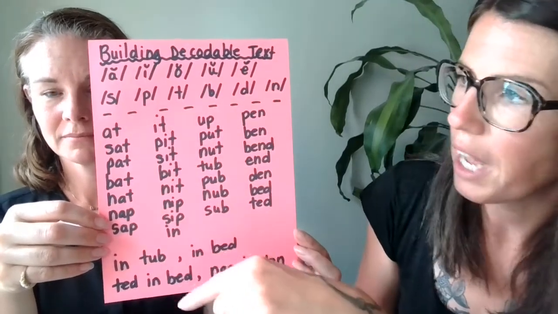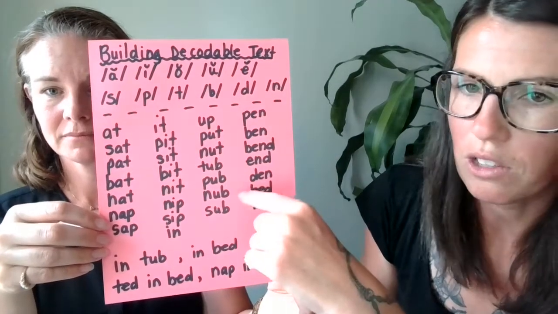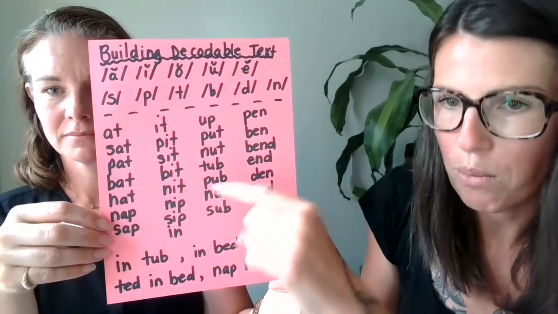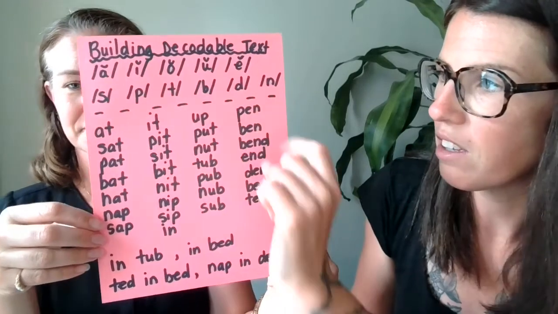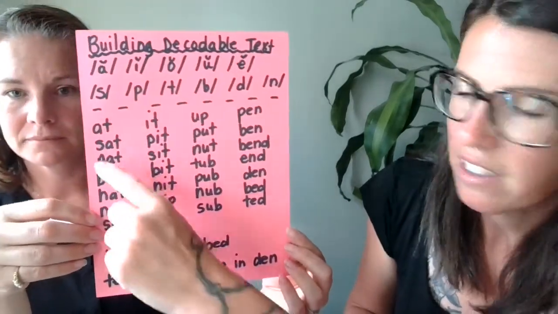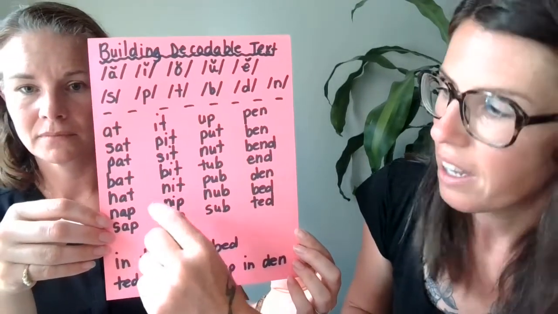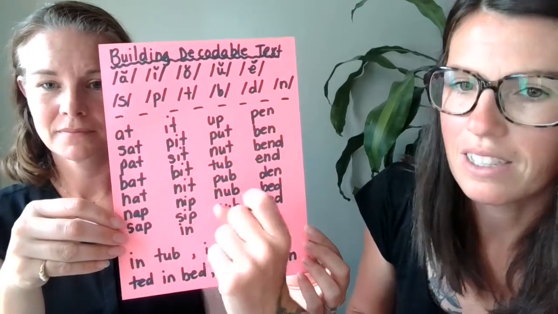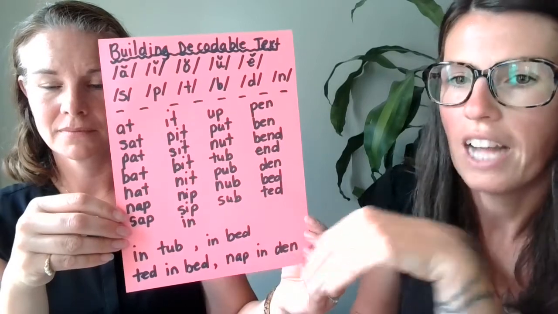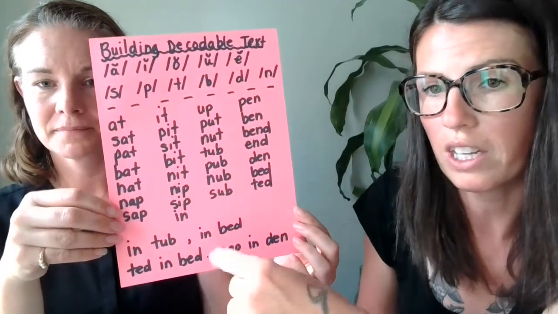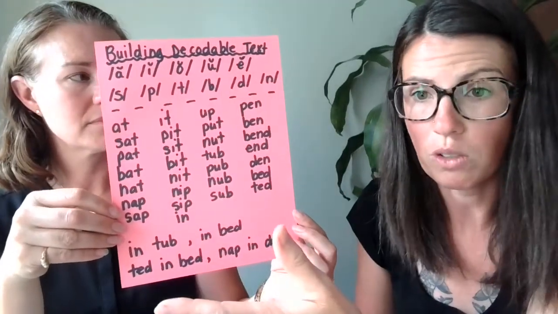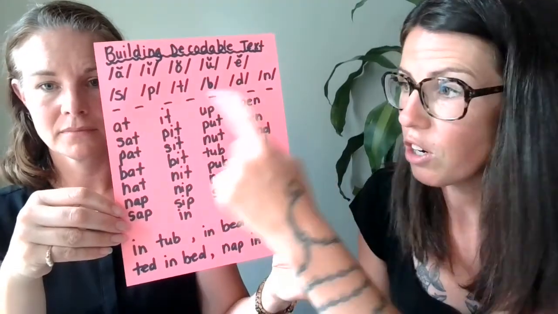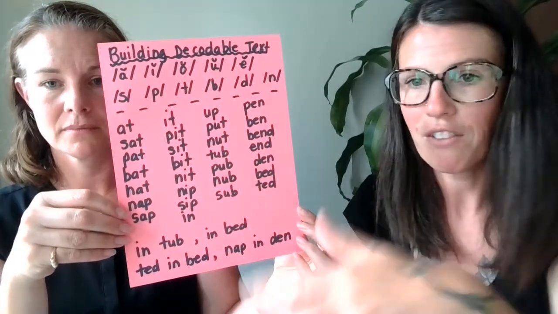I've created a bunch of words. As you can see, there are probably about 100 more that I could have created using these 11 sounds. So I have at, sat, pat, bat, nat, nap, sap, it, pit, sit, bit, knit. I could go on. You create your word list, and then you can ask your child or student to start reading it, and they're going to feel a lot of success.